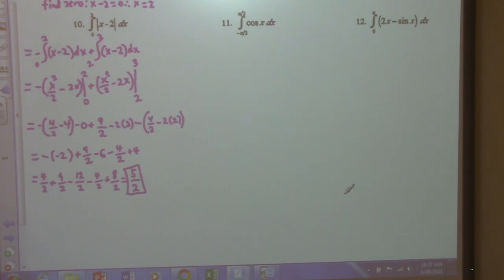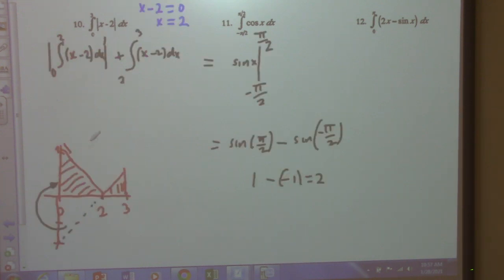The way I did that earlier is I made this thing negative. So if you go back here, instead of putting absolute value there, I just made this area negative, since I noticed that would be the case.